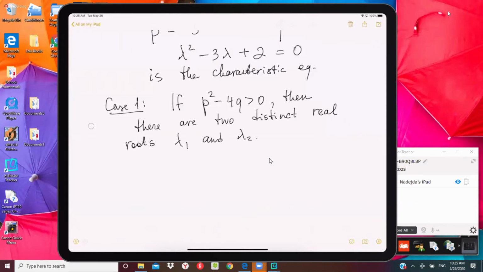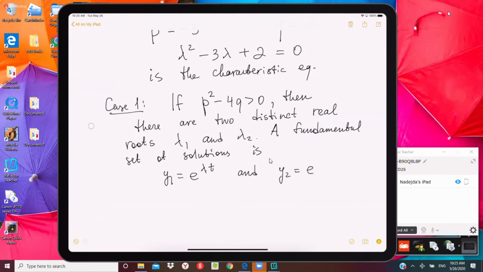Well, in this case, a fundamental set of solutions is y sub 1 equals e to the lambda sub 1 t, and y sub 2 equals e to the lambda sub 2 times t.